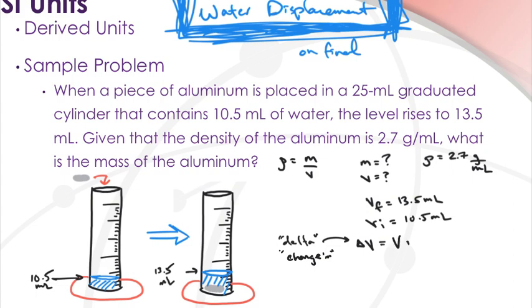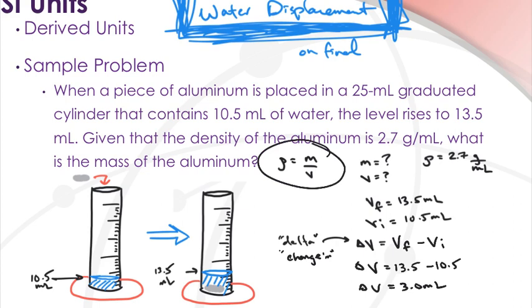Here that's calculated by VF minus VI. So my delta V here is 13.5 minus 10.5. The change in volume was 3.0 milliliters. Great. So if I go back to my original equation, I need to solve that for mass. I'm going to rearrange this. I have density as mass over volume.